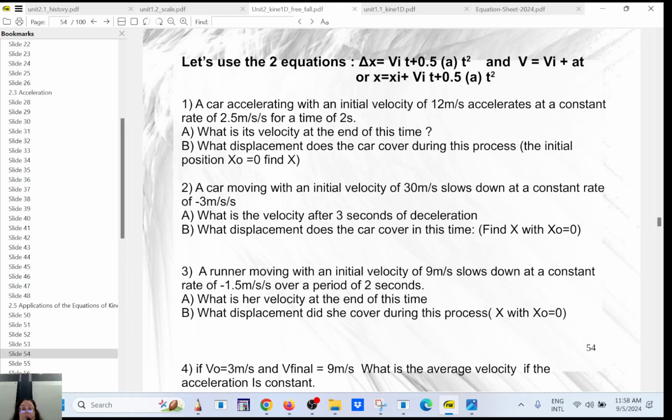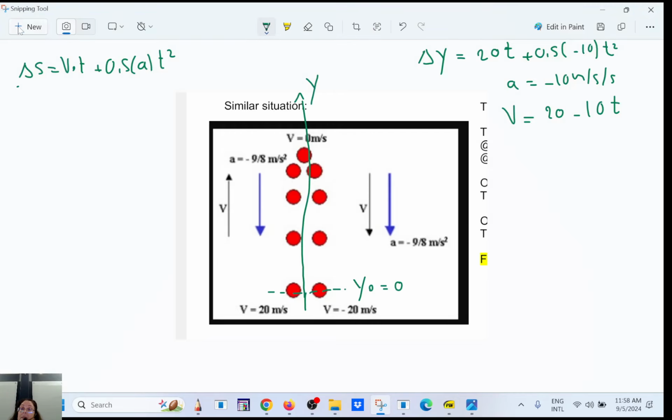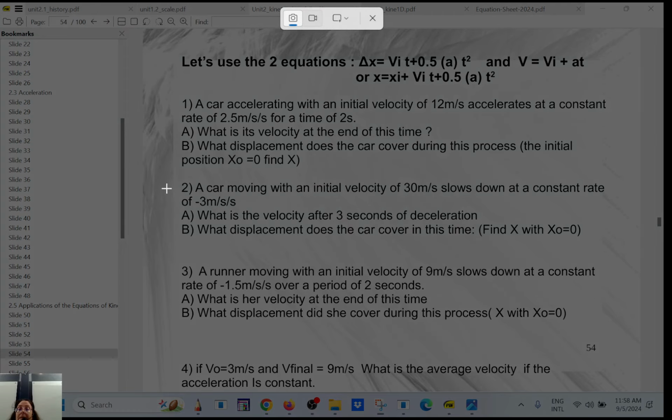Okay, let's do number 2, just to relax, because it's easier. Those are the easy ones, right? So those problems are easy.